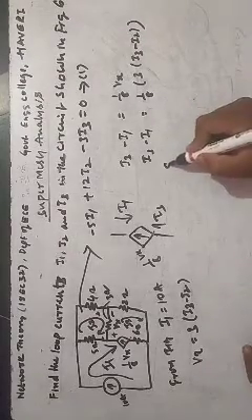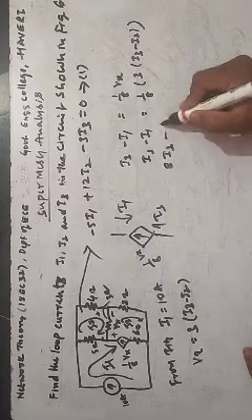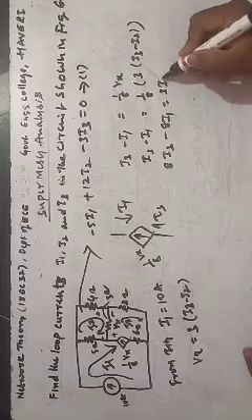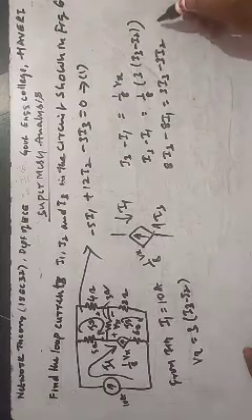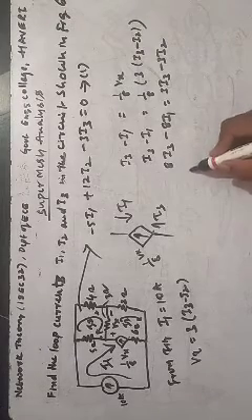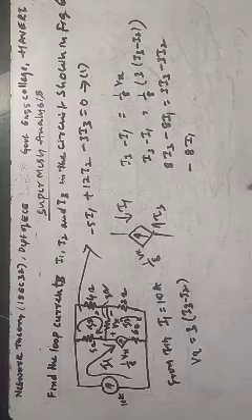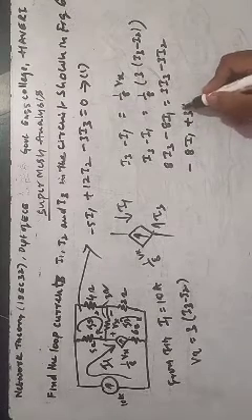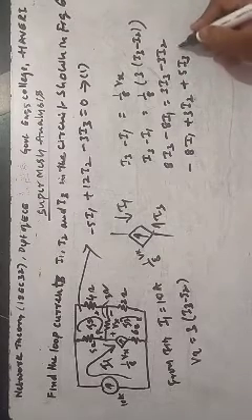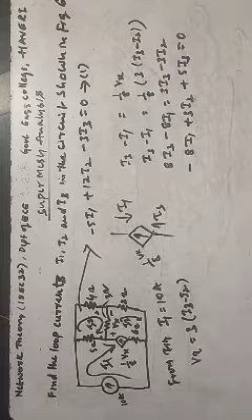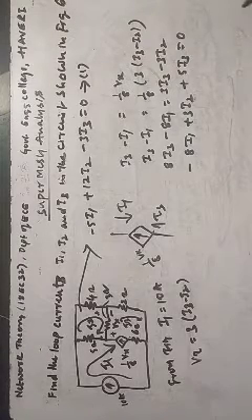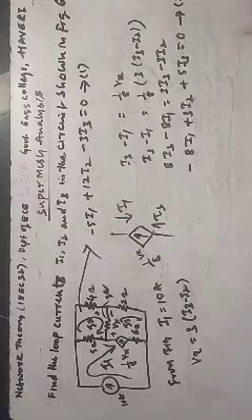By cross multiplying by 8, 8 times I3 minus 8 times I1 is equal to 3 times I3 minus 3 times I2. So this becomes minus 8 times I1 plus 3 times I2 plus 5 times I3 is equal to 0. This is equation 2.